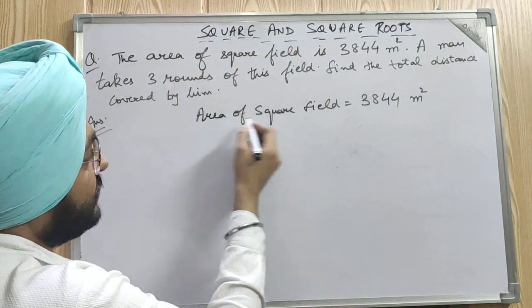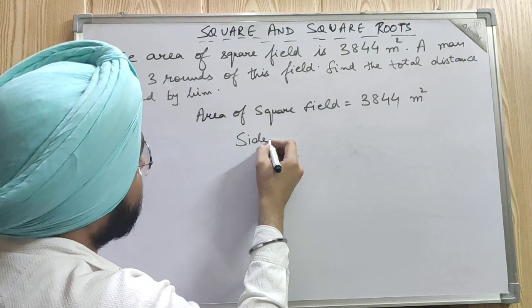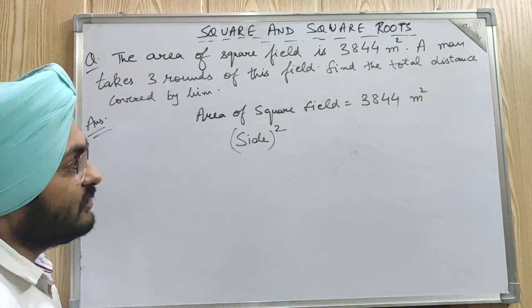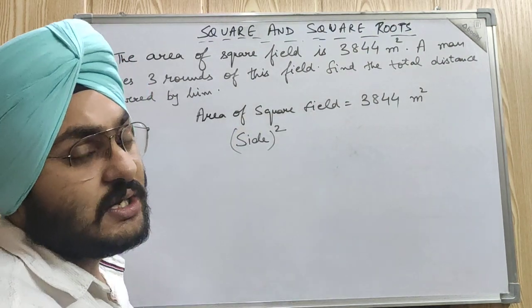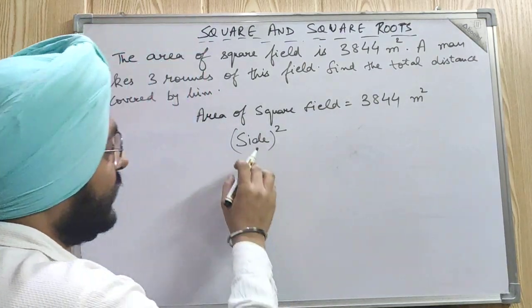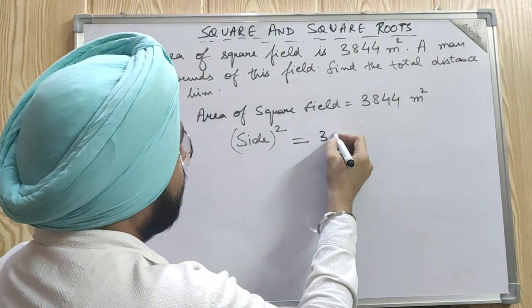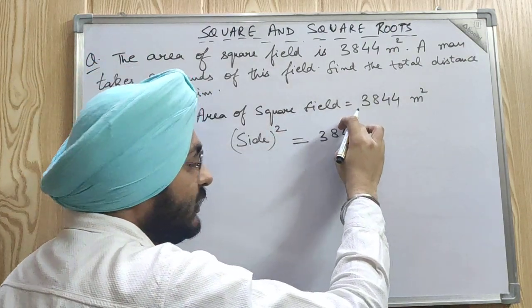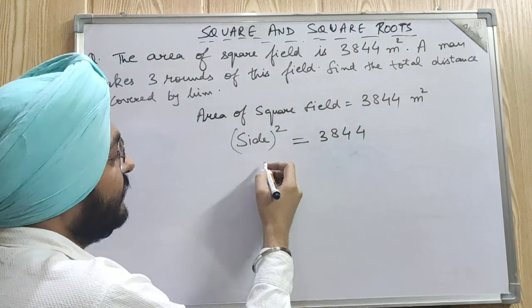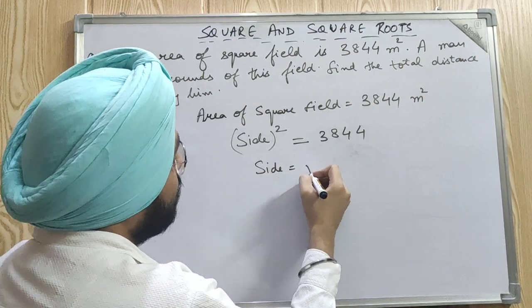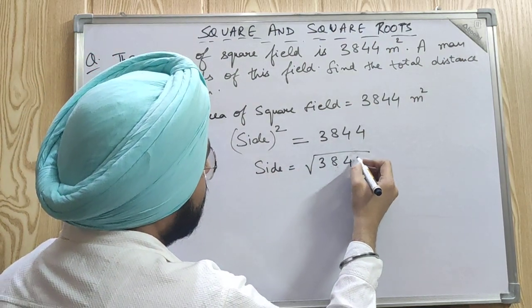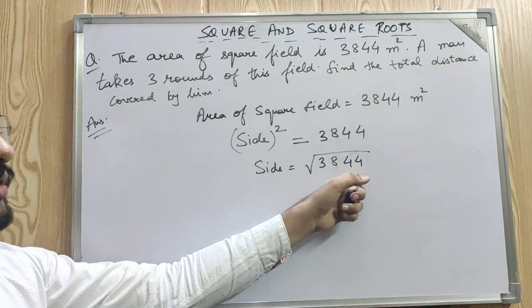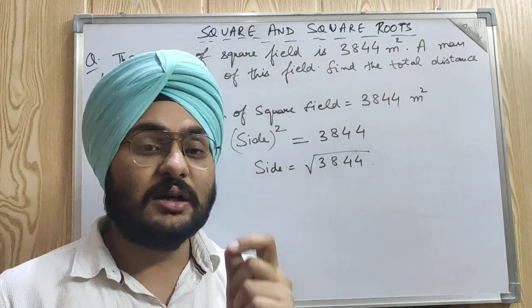Since the area of a square field is side multiplied by side, can't I write it as side square? So side square will be 3844. This square on coming to the other side will become square root. So what we have to find out is the square root of 3844.